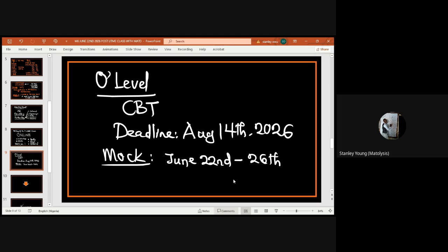So by then, if your system is ready for the mock, then it's ready for the exam. Then the online post-UTME exam itself for 2026 is going to be from July 27th to July 31st, 2026. Any other question?